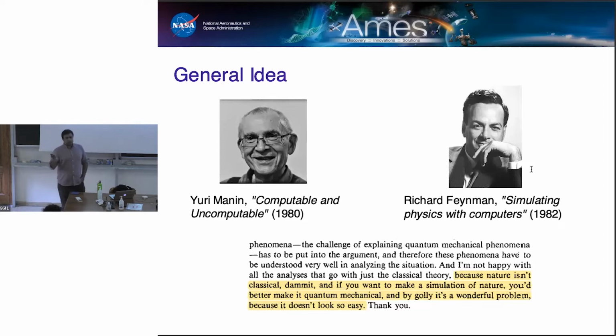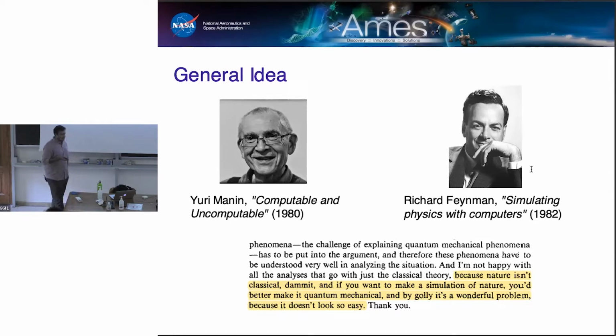So this broad problem of Hamiltonian simulation, or quantum simulation for short, really dates back to the original conception of quantum computers, which is often popularly attributed to Richard Feynman, but it was also somewhat independently and somewhat earlier conceived by the Russian mathematician Yuri Manin.